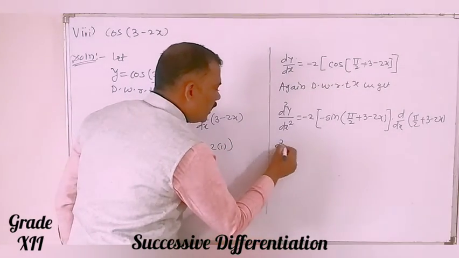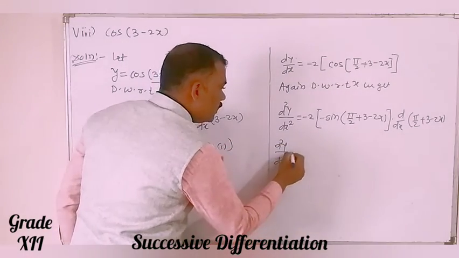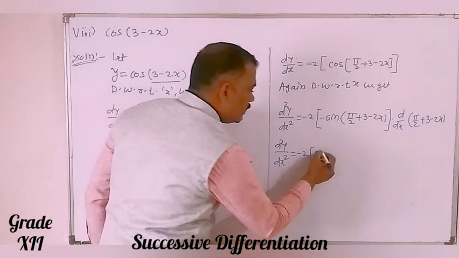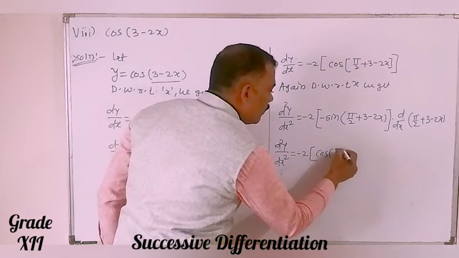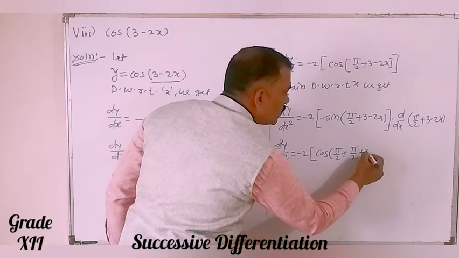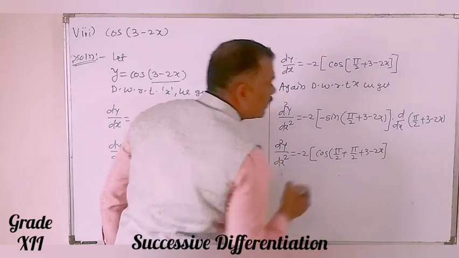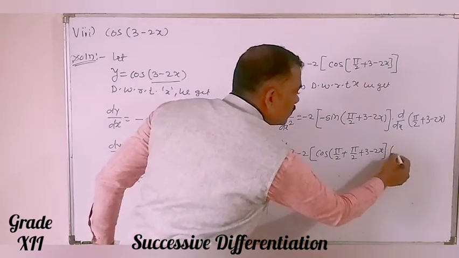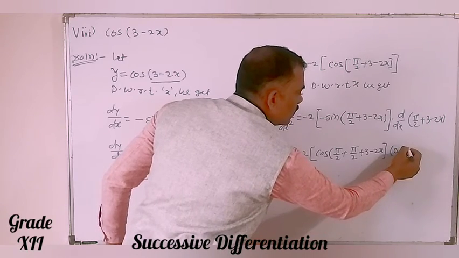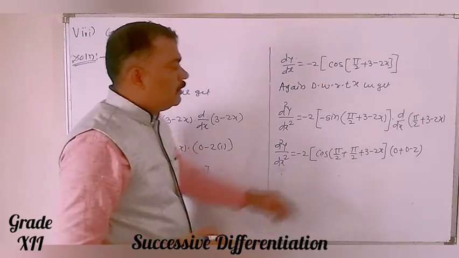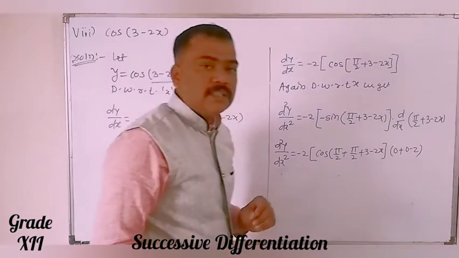So d2y by dx square is equal to minus 2 into, by using the other angle formula, this can be written as cos of (pi by 2 plus theta), where theta is pi by 2 plus 3 minus 2x. Here pi by 2 is a constant, so its derivative is 0. 3 is a constant, its derivative is 0, minus 2 into differentiation of x with respect to x is 1.